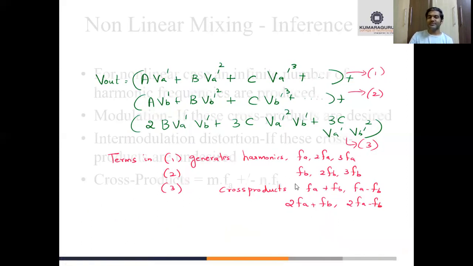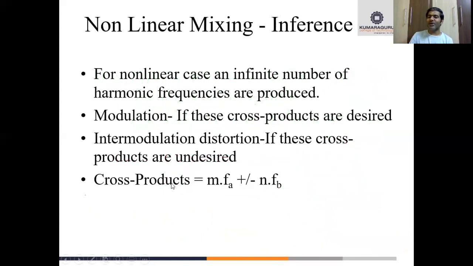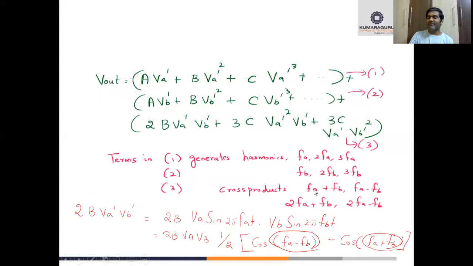So this cross product will occur at M times FA plus or minus N times FB. Here it is FA plus FB, FA minus FB. Then 2FA plus FB, 2FA minus FB for this term. For the term 3C VA' VB'^2, if you find the frequency components, you will have them at FA plus or minus 2FB.